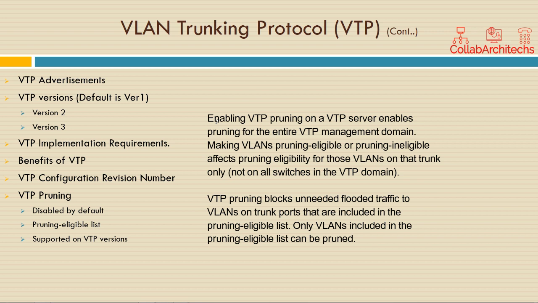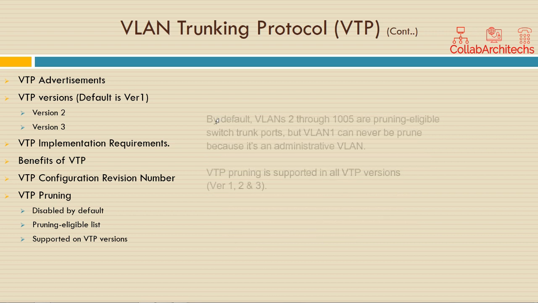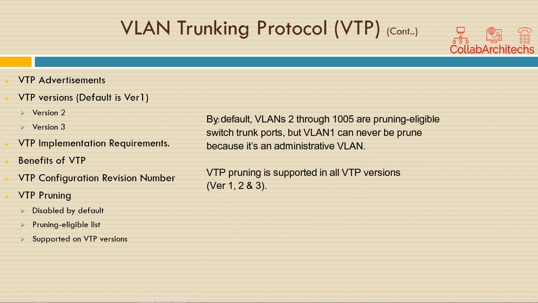VTP pruning blocks unneeded flooded traffic to VLANs on trunk ports that are included in the pruning eligible list. Only VLANs included in the pruning eligible list can be pruned. By default, VLANs 2 through 1005 are pruning eligible on switch trunk ports.